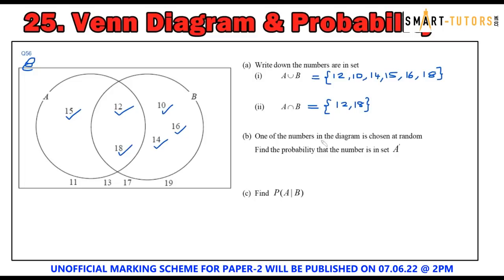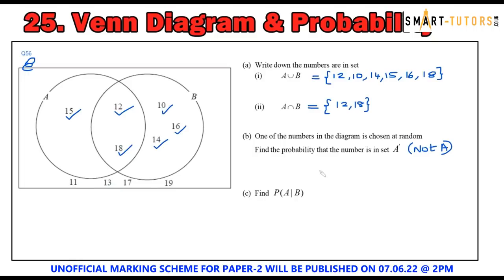B part, one of the numbers in the diagram is chosen at random. Find the probability that the number is in set A dash. So A dash means not A. So you need to understand A dash means not A. So not A means outside of the A is 1, 2, 3, 4, 5, 6, 7.